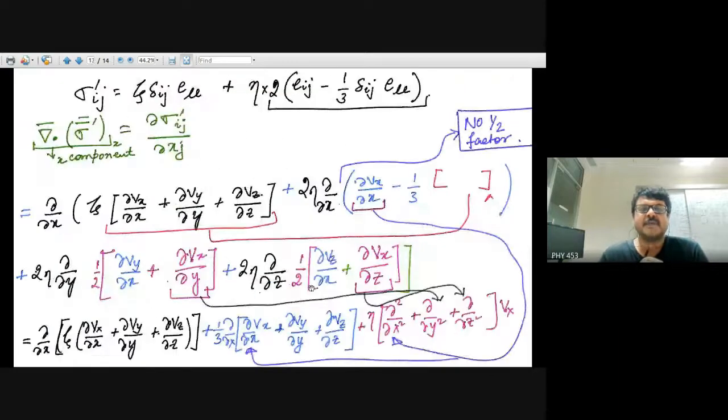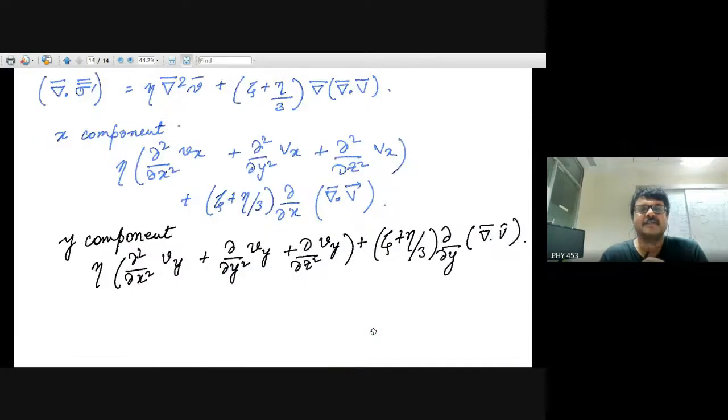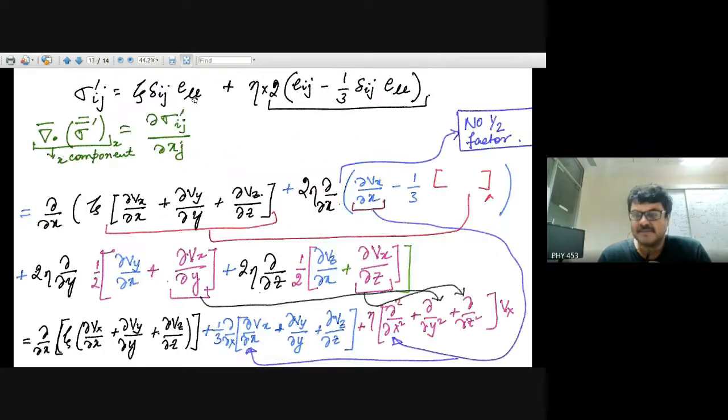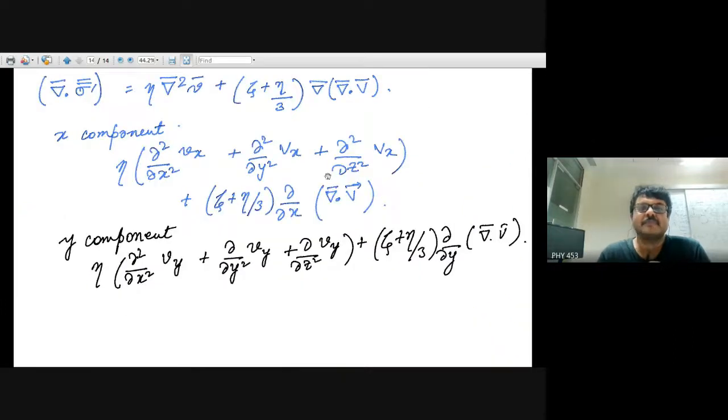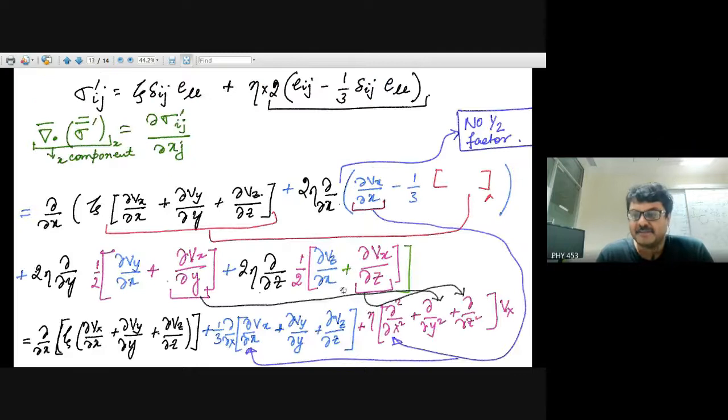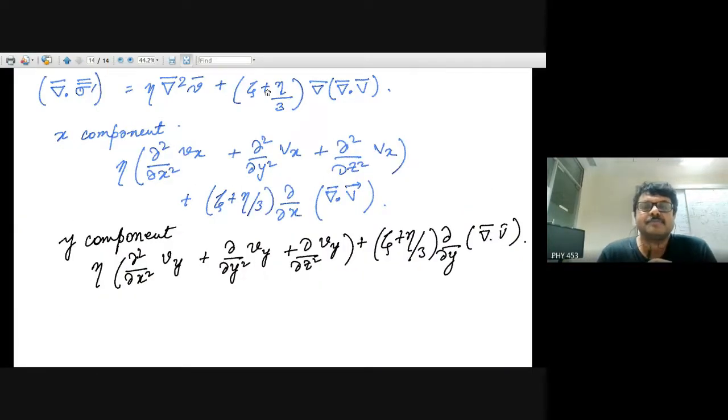As a consequence, this now, if you simplify, can be written as eta grad square V, which is essentially this term. If you're looking at only the x component, then you will have a Vx here. This is a vector equation.